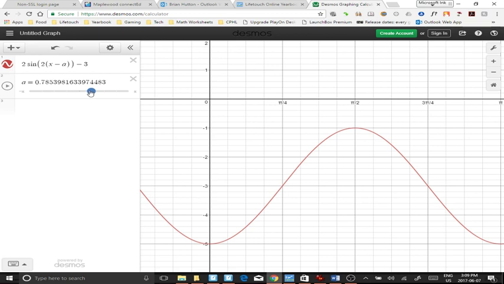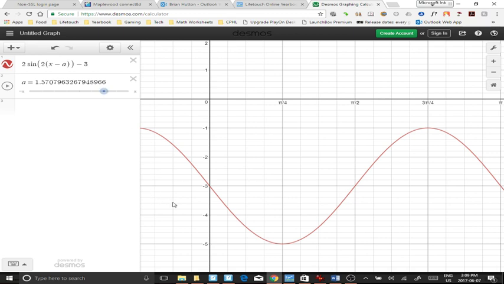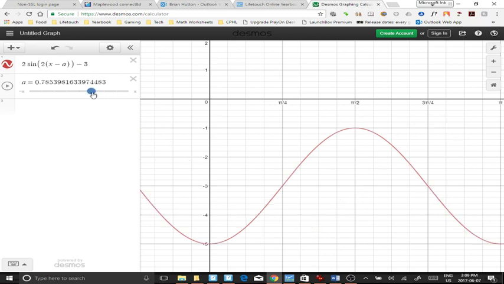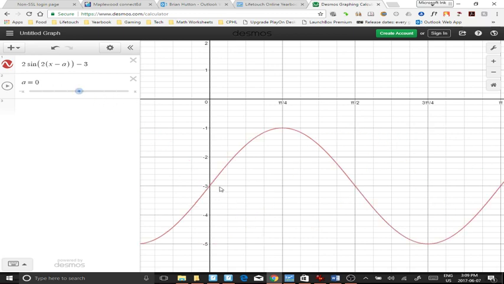Now, we didn't add pi over 4, we added pi over 2. So when we have pi over 2, we have this. Starts at negative 3, goes down to negative 5, up to negative 3, and then up to negative 1, and then back down to negative 3. This is what our graph that we just did looks like. So we can see that if there's no phase shift, it looks like the traditional sine curve.